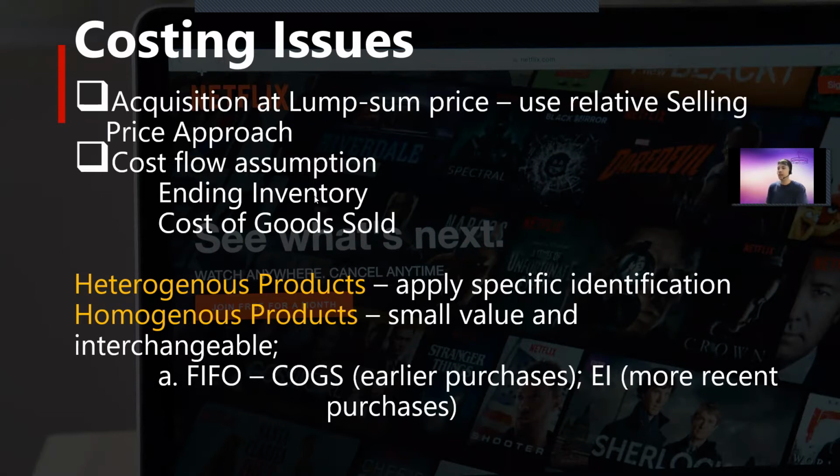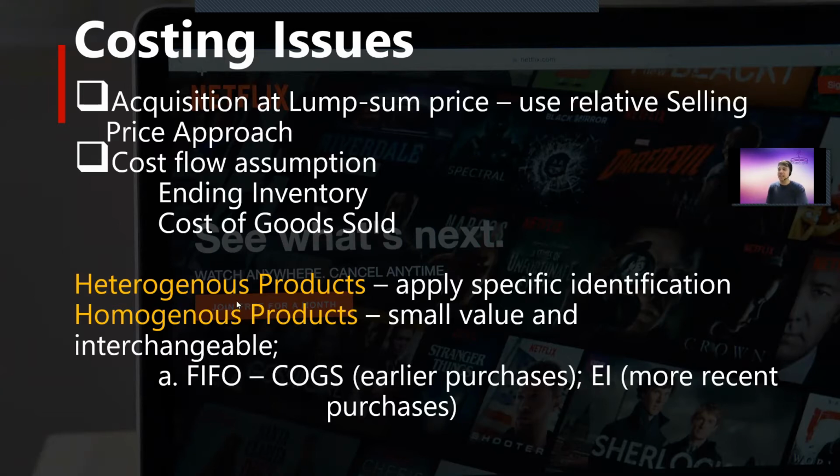Now, in terms of the cost flow assumption, there are actually two factors that we need to consider. Number one is the ending inventory, and next is the cost of goods sold. Now we have to determine first whether it's heterogeneous products or homogeneous products.